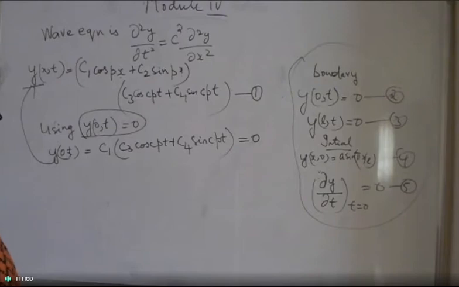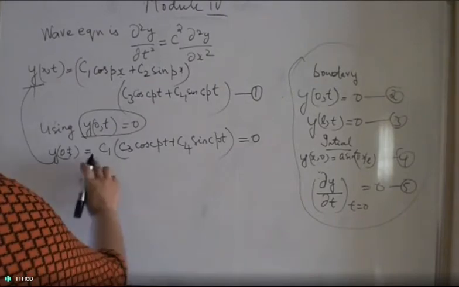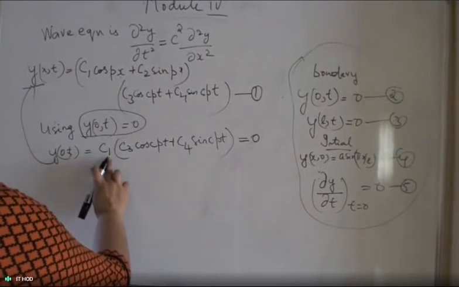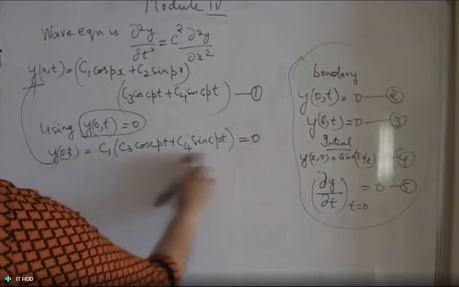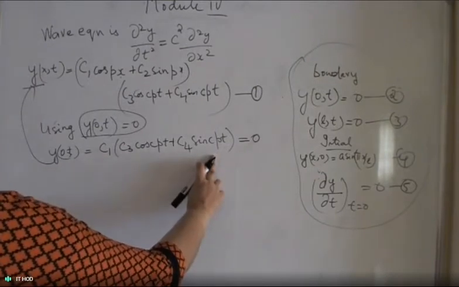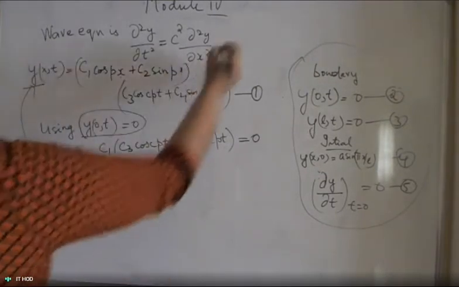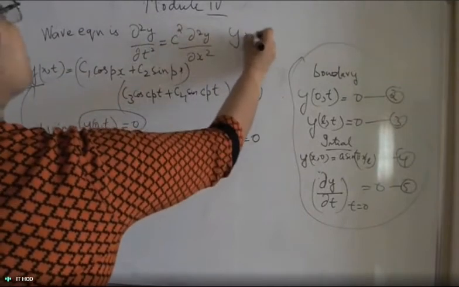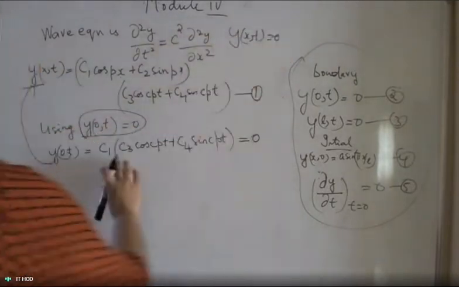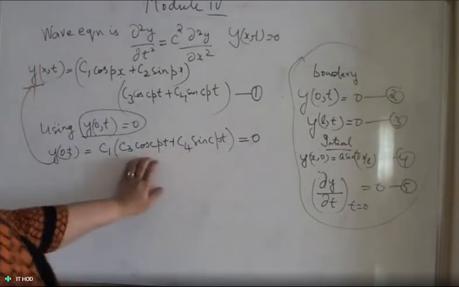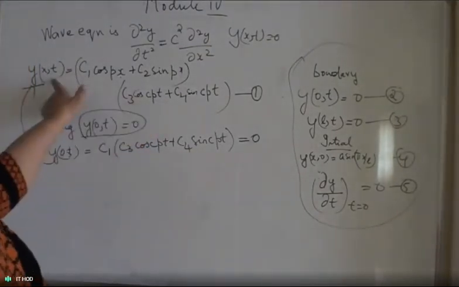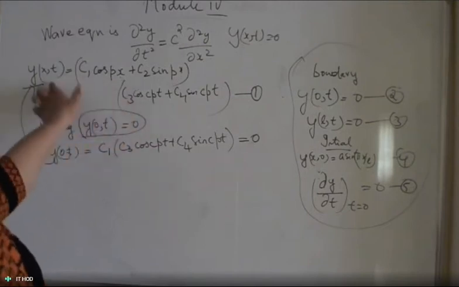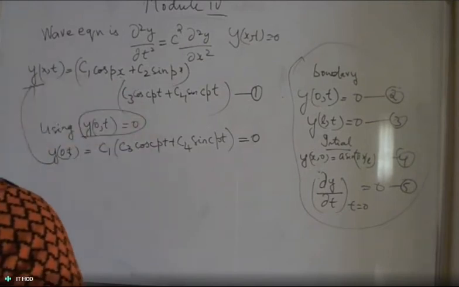Now what conclusion can we get from this? Here we can say that C1 equal to 0. If you take the other factor as equal to 0, what will happen? Then y(x,t) becomes a trivial solution, y(x,t) equal to 0, which means there is no meaning in that.